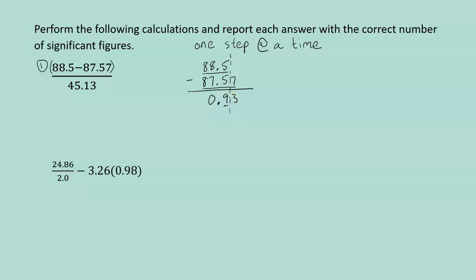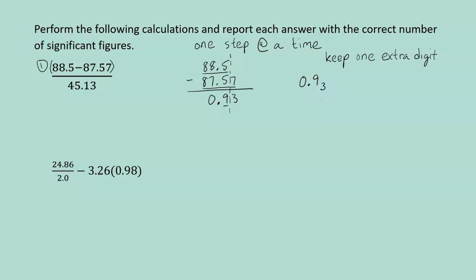So our significance ends at the tenths place. But when we're doing multi-step calculations, the other important thing is to always keep one extra digit. This is to prevent round-off errors. The way I tell myself when something is significant or not is that I take that 0.9 and the last digit that I keep to prevent round-off errors, I subscript it.